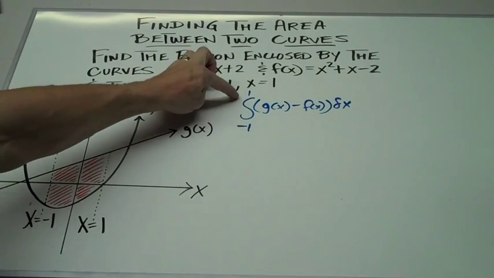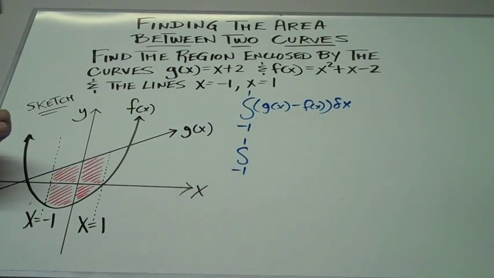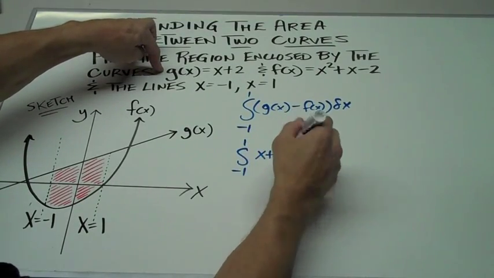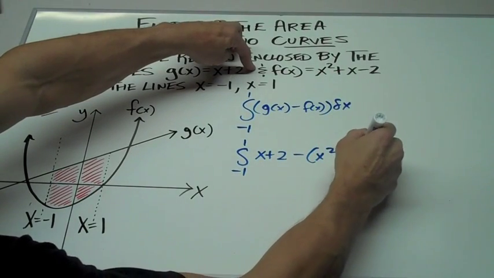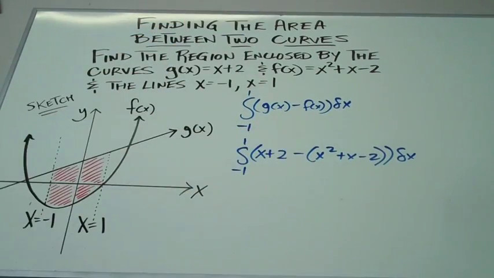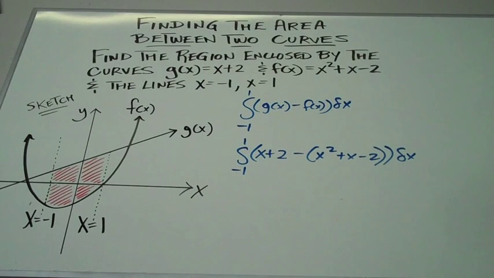If I go from negative 1 to 1 of g of x minus f of x, I can write this as the integral from negative 1 to 1 of g of x, which is x plus 2, minus f of x, which is x squared plus x minus 2, all with respect to dx. Now, I could integrate these all separately, or I could simplify before I integrate.